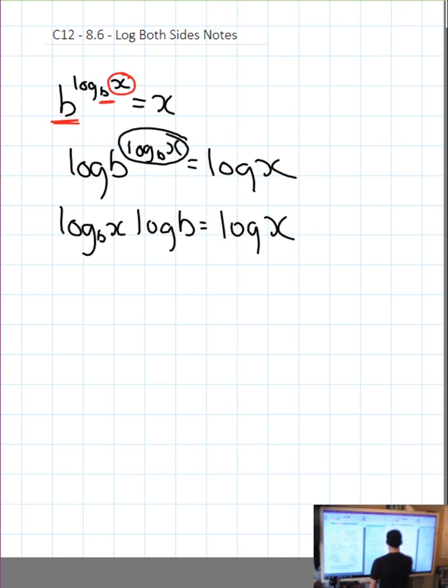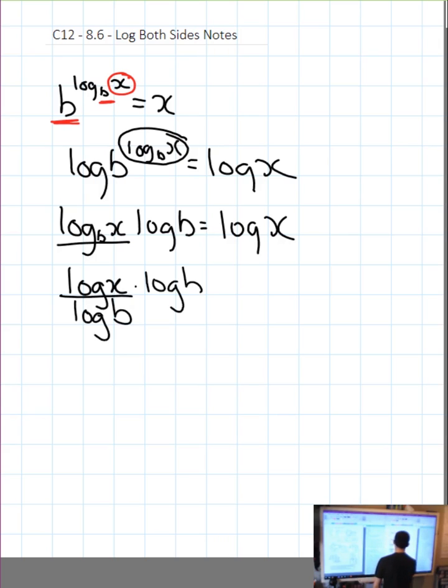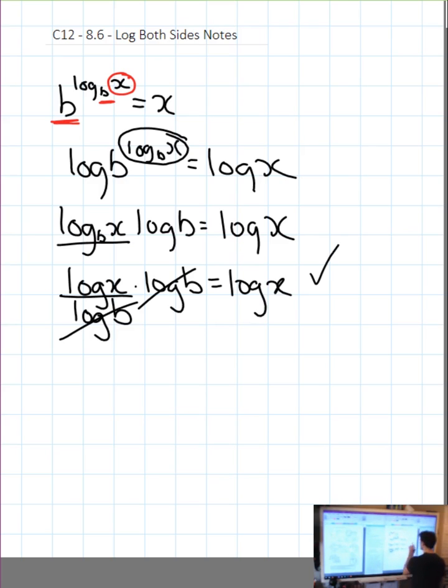Now, this logarithm, I can change bases, which is log x over log b times log b equals log x. And I have log b on the top and the bottom, therefore log x equals log x. Therefore we know this is correct.